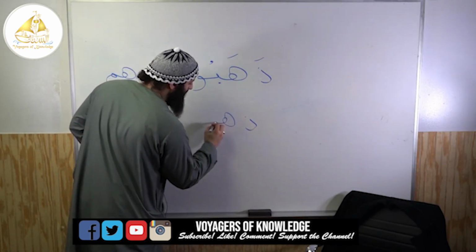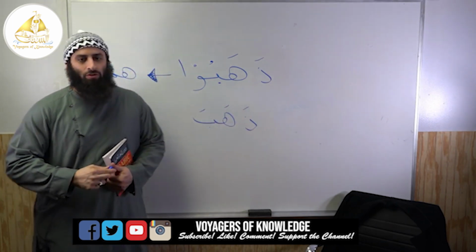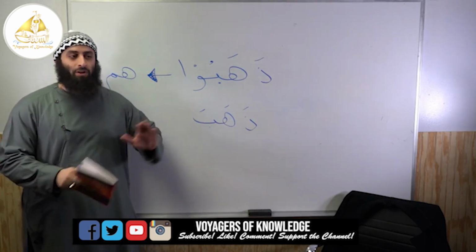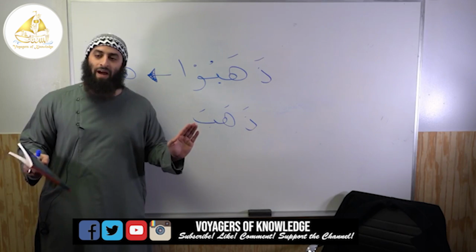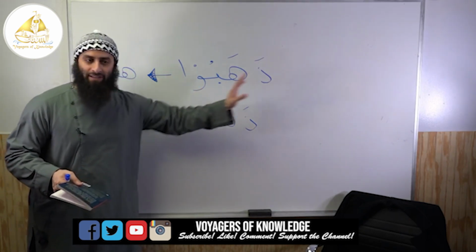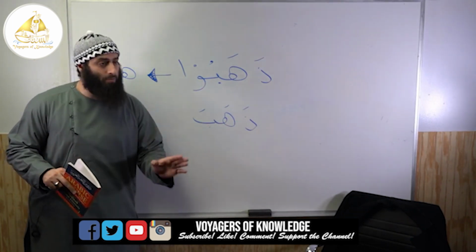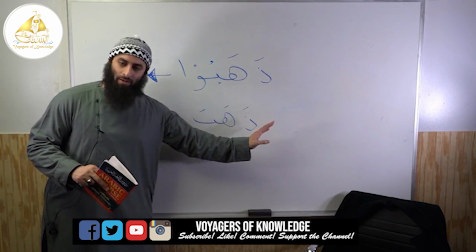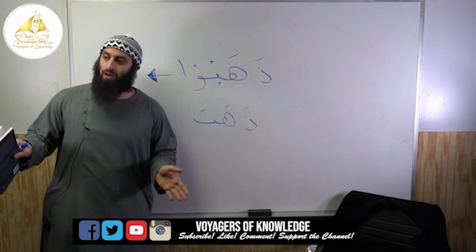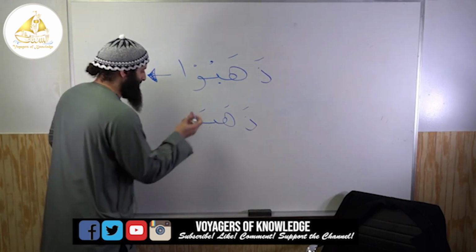There's no other dhahabu, right? I shouldn't say every single, but there are no verbs that end with a dhamma in the past tense. Does that make sense? There are no verbs in the madi that end with a dhamma. Do you all get that? So will I ever see a dhahabu like this?